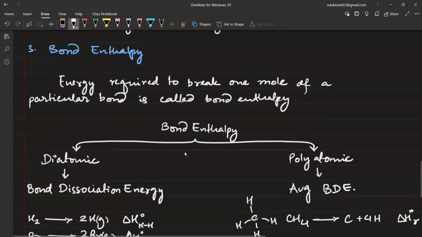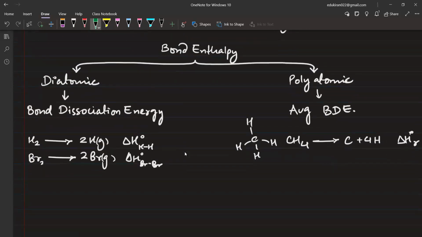And by the definition, I have to break 1 mole of a particular bond. So if I take only 1 mole of CH4, I am actually breaking 4 moles of bonds, है ना?